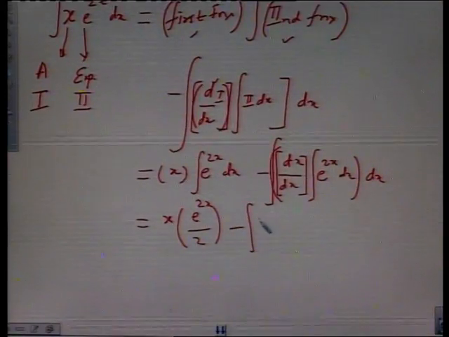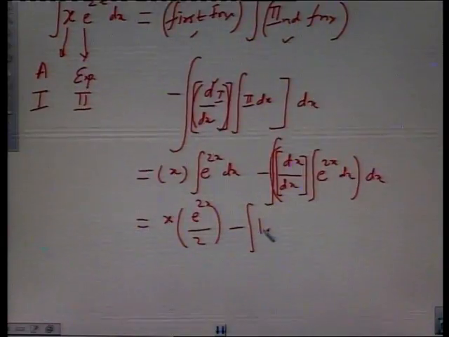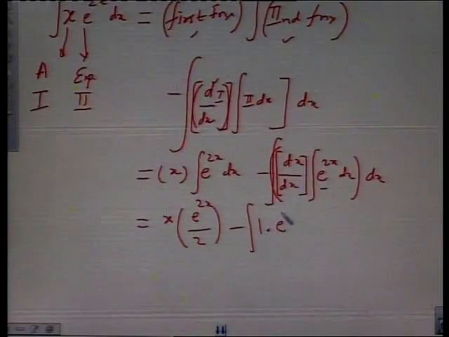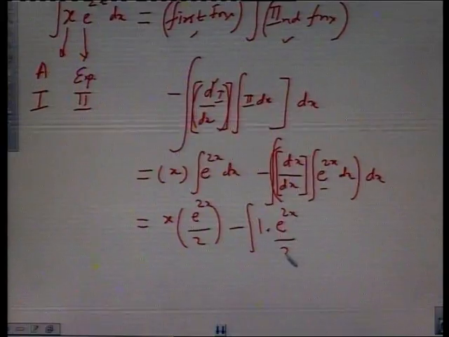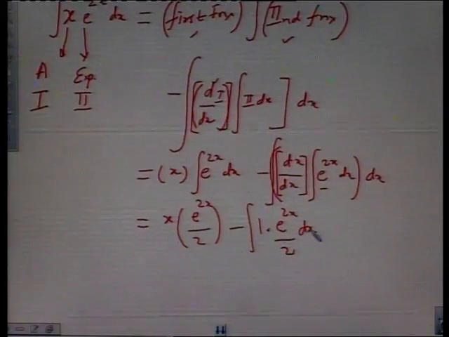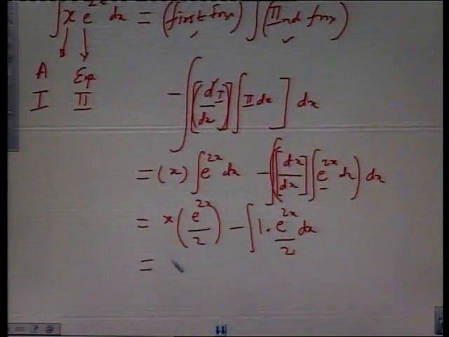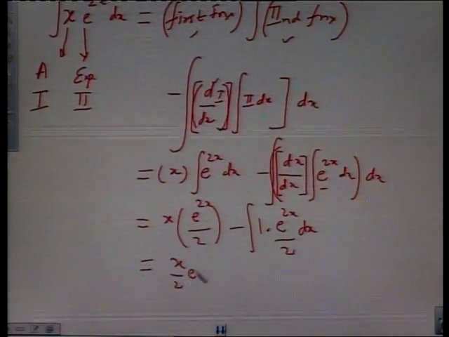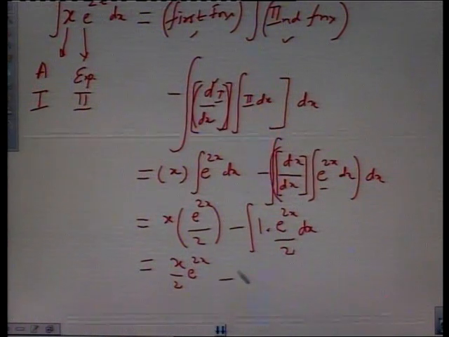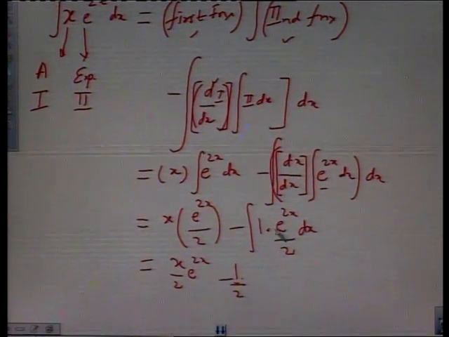What is derivative of x? Derivative of x is 1. Integration of e raised to power 2x is e raised to power 2x upon 2 into dx. Here comes the solution, that it becomes x upon 2 into e raised to power 2x minus 1 by 2 outside. What is integration of e raised to power 2x?